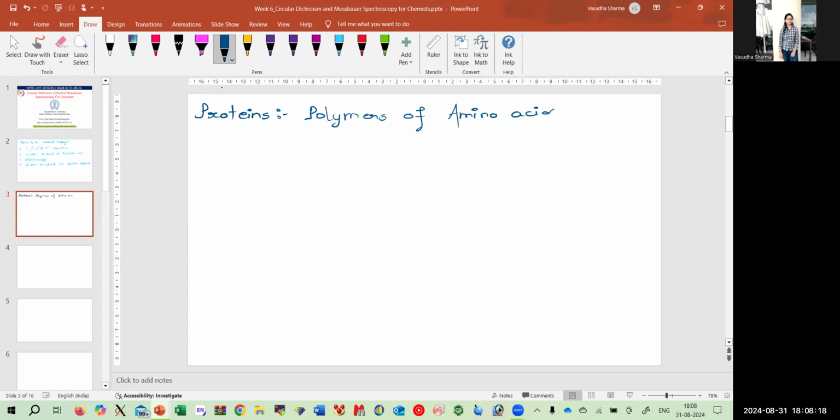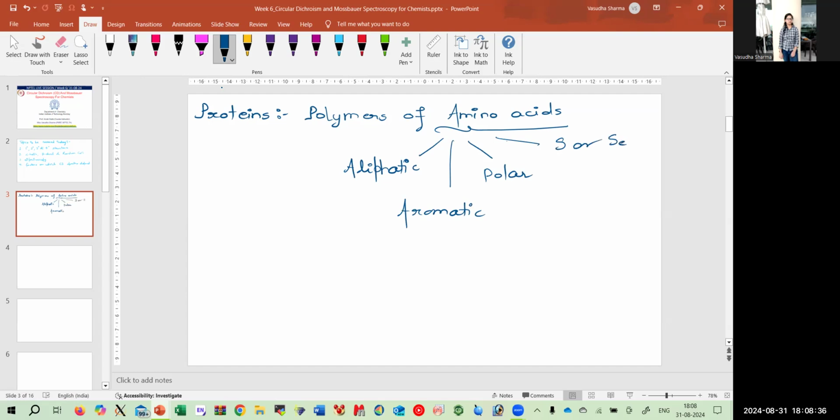And we have talked about 20 amino acids: aliphatic, aromatic, polar amino acids containing sulfur or selenium, basic and acidic amino acids, and one secondary amino acid which is proline, and so on and so forth. So we have talked about this in detail in our previous session.